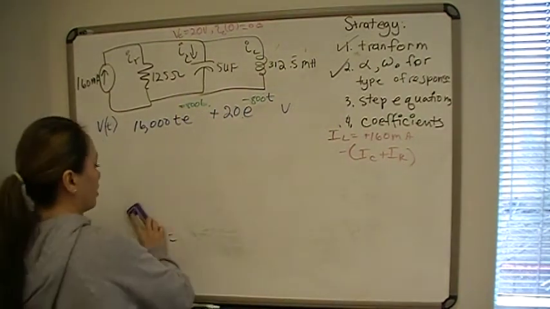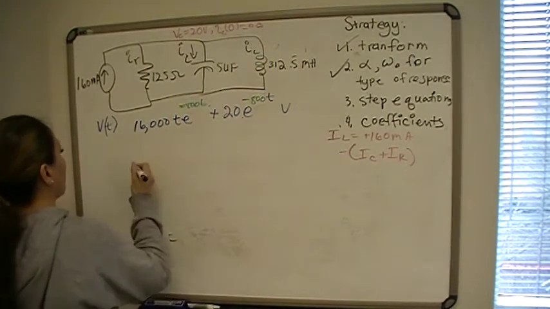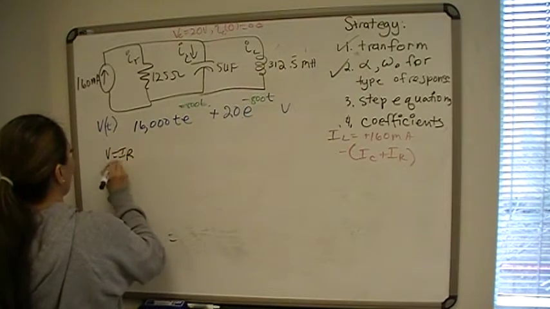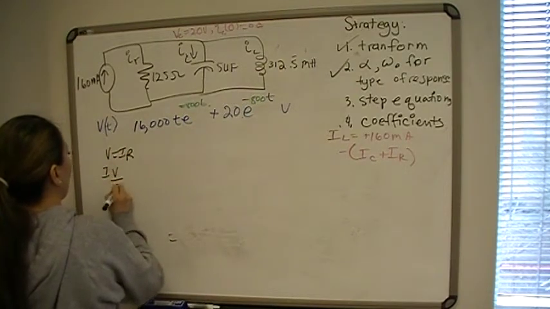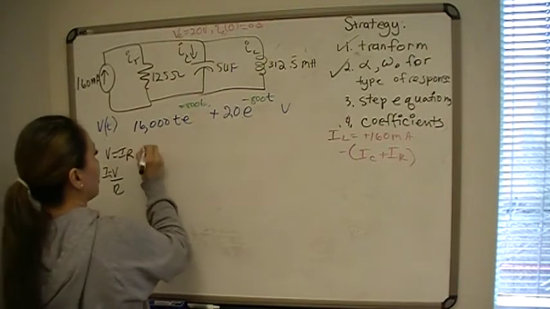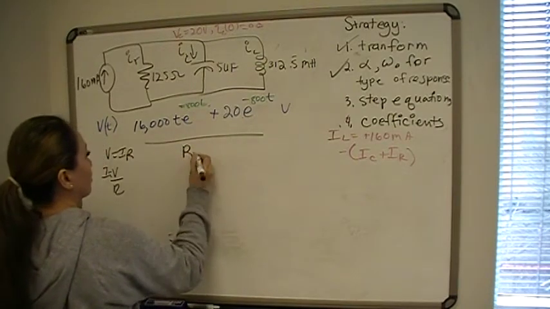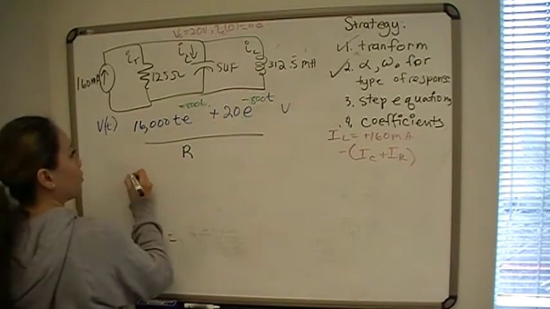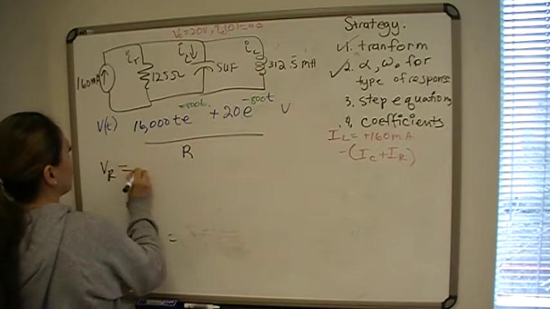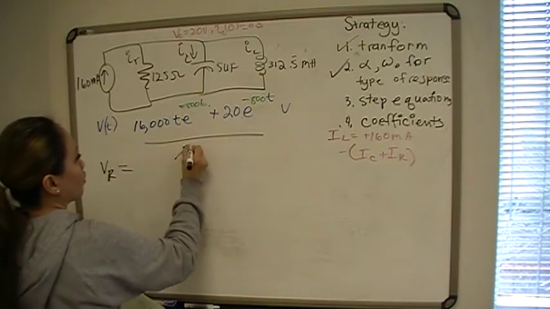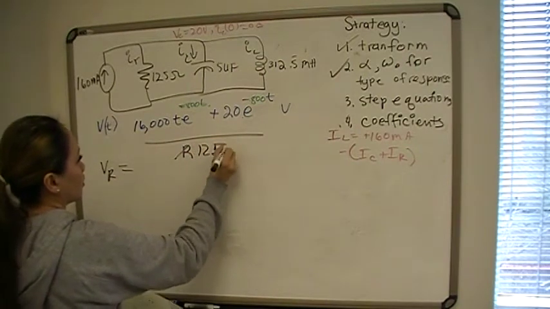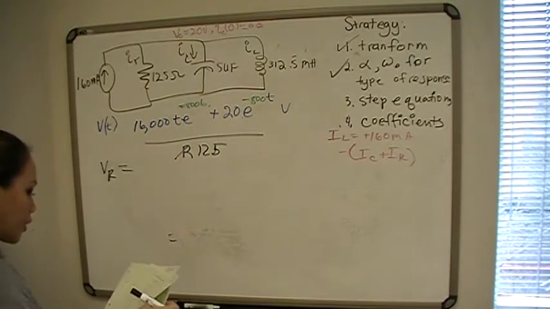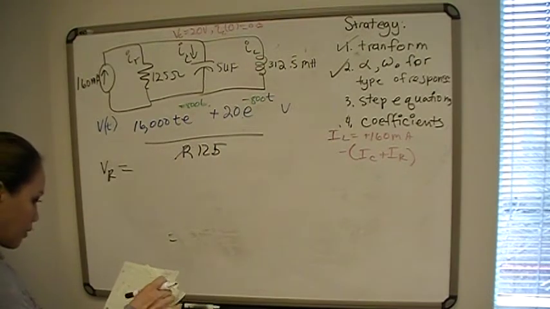Okay, well, IR is super easy. We have V equals IR, so I is V over R. Just divide this through by R, and you should come up with VR is equal to, well, this is 125 ohms. So put that into your calculator.